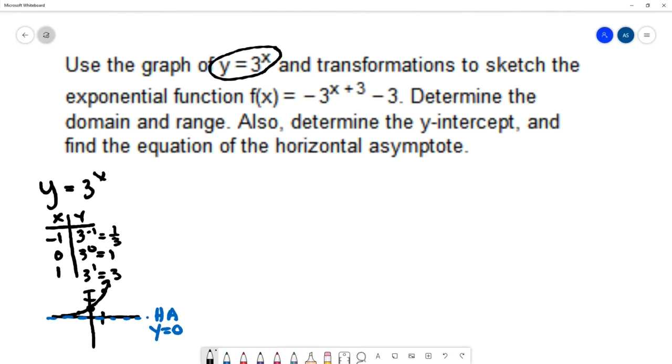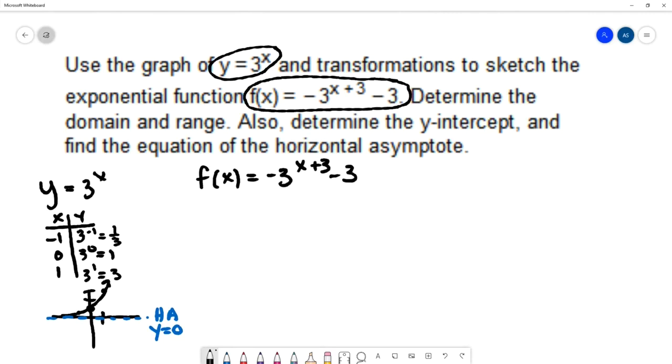So we want to use this starting point to graph this function, f of x equals negative 3 to the x plus 3 minus 3. So we've got several transformations here. We've got this negative.